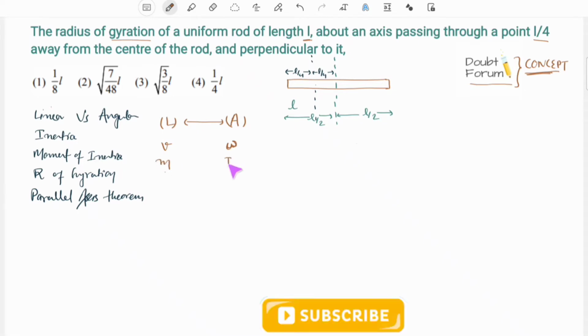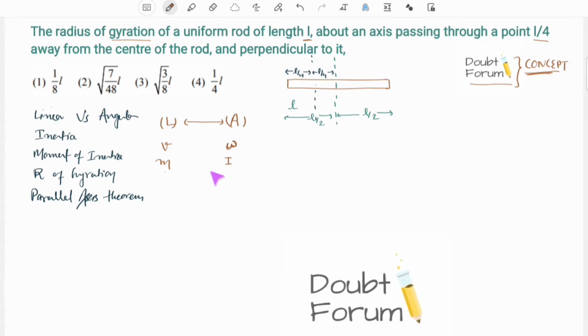So let us first discuss inertia. In linear motion, inertia is a property. We all understand what inertia is. It is the tendency of a body to continue its state of rest or motion when there is no external force. Similarly, in rotational motion, there is a concept of moment of inertia.